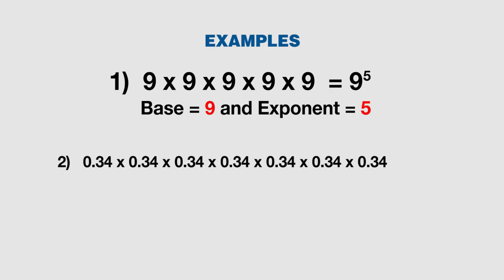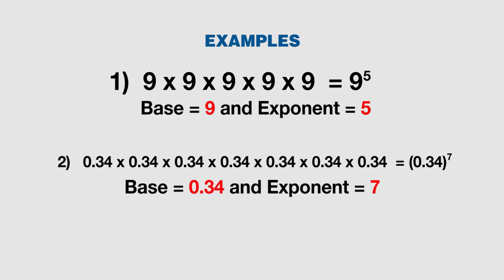Again, we have 0.34 multiplied by itself 7 times. That gives us 0.34 raised to the power 7. Once again, the base is 0.34 and the exponent is 7.